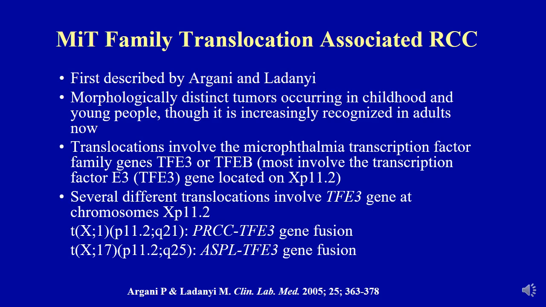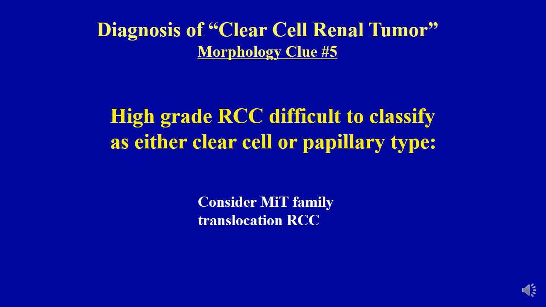So our next important clue within these clear cell renal tumors is that if you are dealing with a high-grade renal cell carcinoma which is difficult to classify as either clear cell or papillary type, you should strongly consider the possibility of MiT family translocation renal cell carcinoma. This is very, very important.